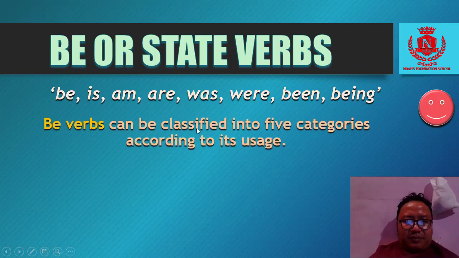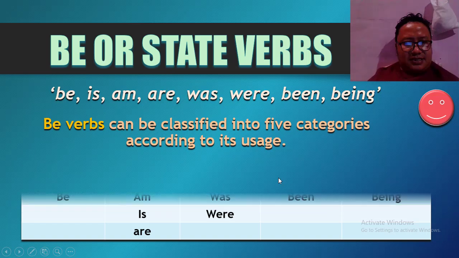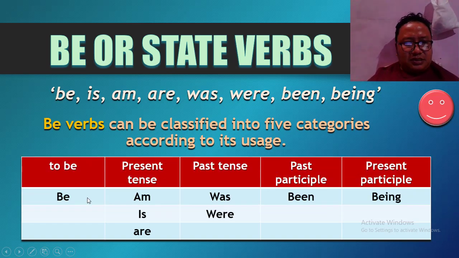Be verbs can be classified into 5 categories according to their usage. To be here, this is the base. For present tense, we can have am, is, are from the be verb. For past tense, was and were are the past tense in state verbs or be verbs.